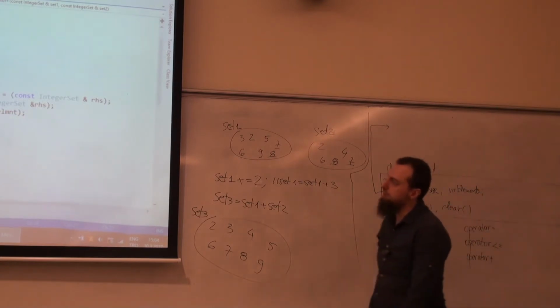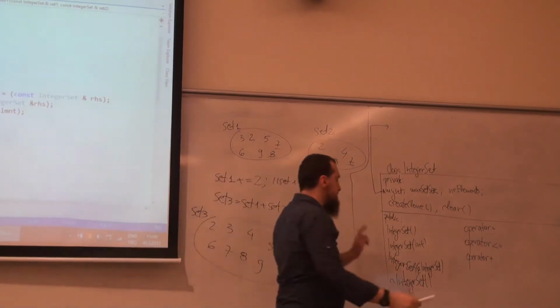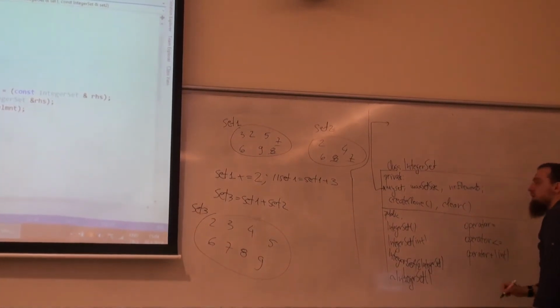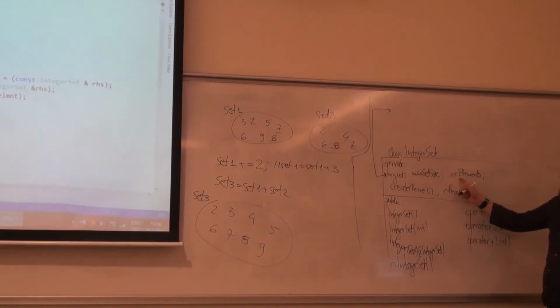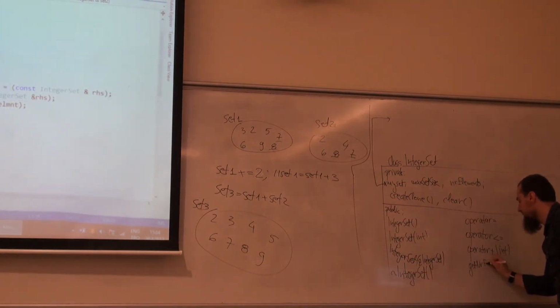Well, this operator plus takes an integer. Basically, I'm adding an integer to the set. And this is a member function, remember it. I'm taking get number of elements to return the number of elements, because they are private. So get number of elements.